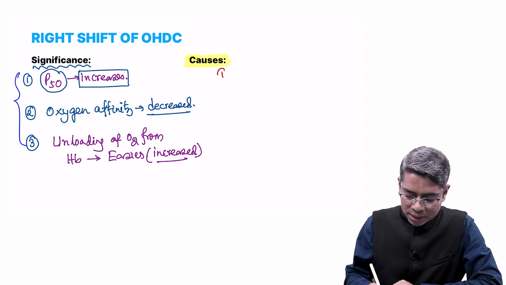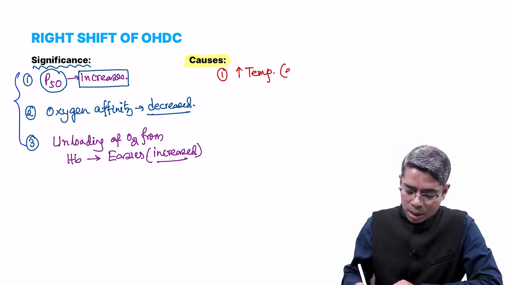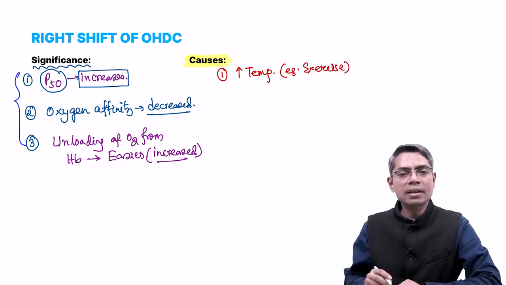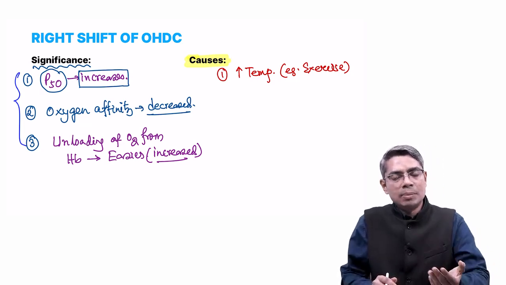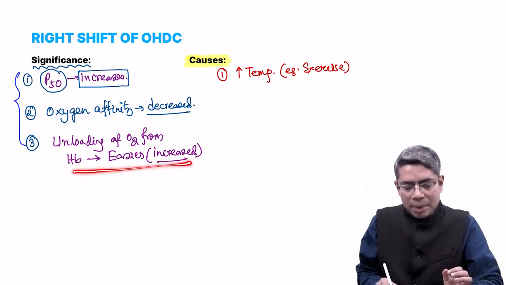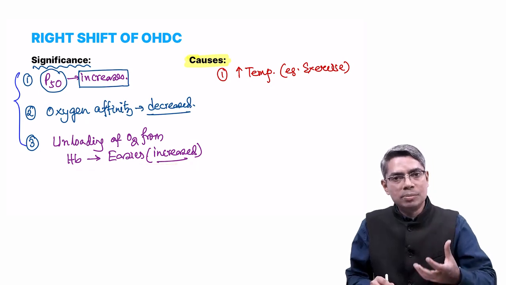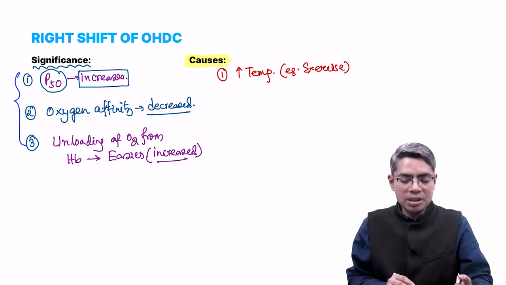First cause: due to any cause, if there is increase in body temperature, suppose a person is doing exercise, so during exercise there will be production of heat, and because of the production of heat there will be increase in body temperature. Increased body temperature will cause right shifting of the curve. The right shifting of the curve means the tissue will get more oxygen, because more oxygen will be easily released at the level of tissue due to this increased body temperature.